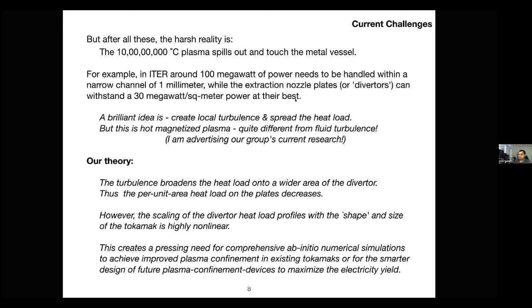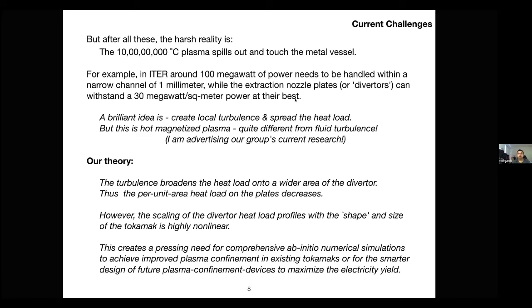The diverters can withstand just 30 megawatt per square meter power at best. So more research from the material scientist's perspective is needed, so that we can build better metals or materials that can withstand a very high peak load. That is one option, of course. And we physicists are trying to propose something else to at least help.